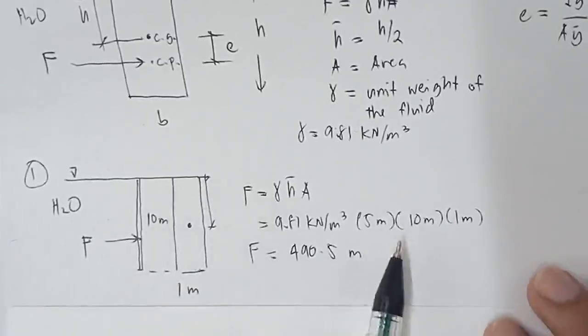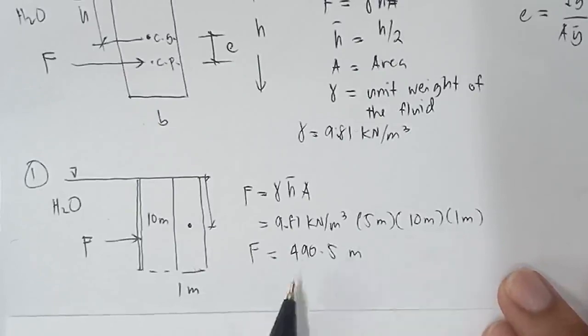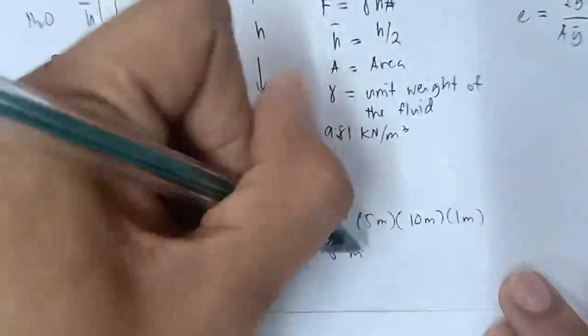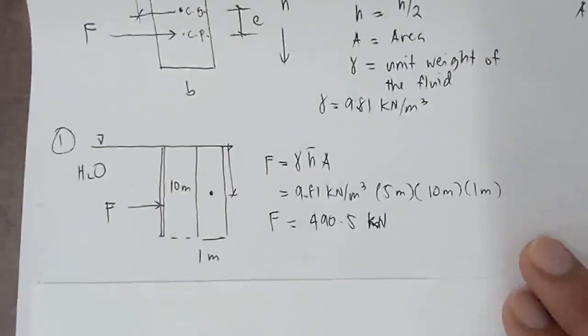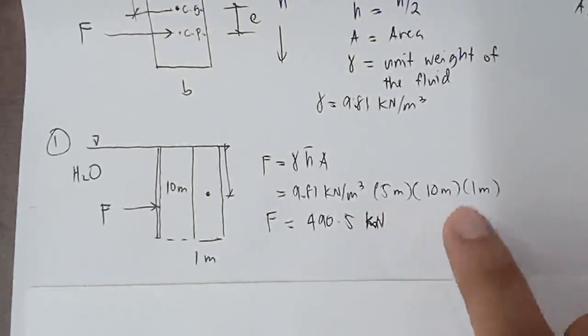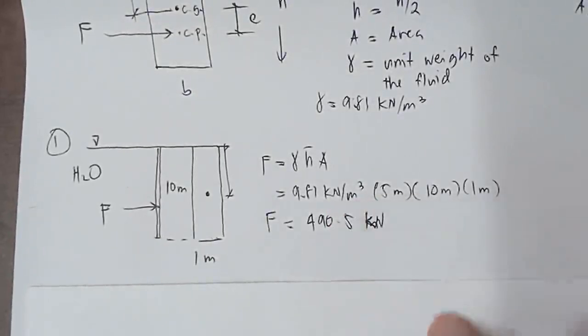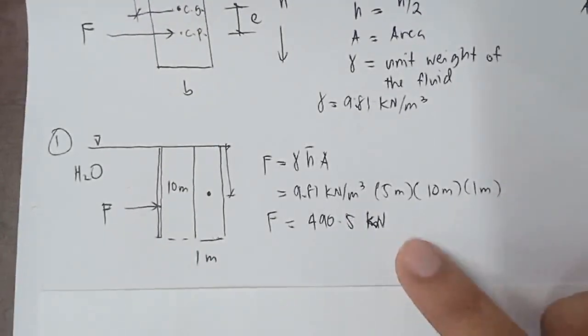Then, yung area is equivalent yan sa base times height, 1 meter times 10 meters. So, we have F equals 490.5 kilonewton. So, kilonewton guys yan, kasi cancel out yung meter cubed, so may iwan yung kilonewton. Then, that is the first solution.